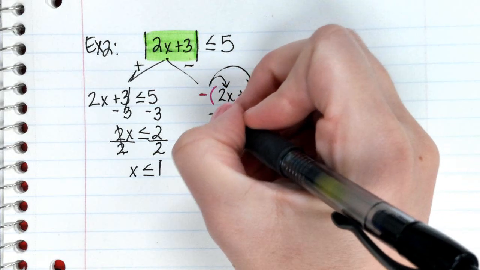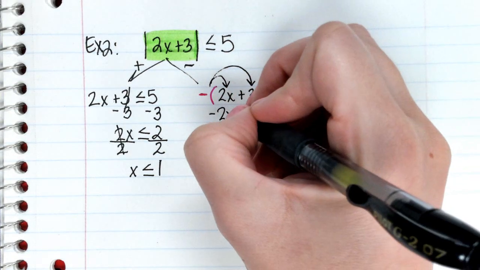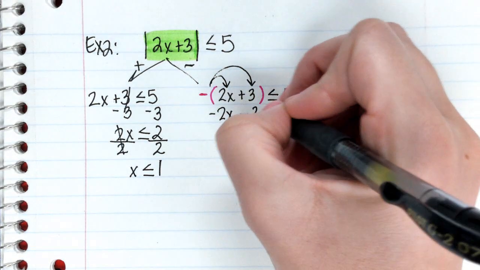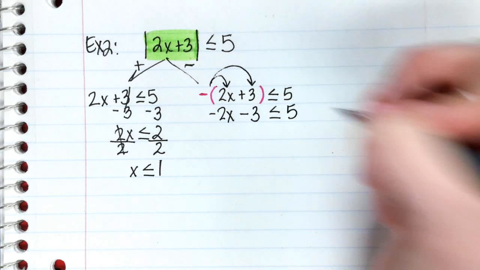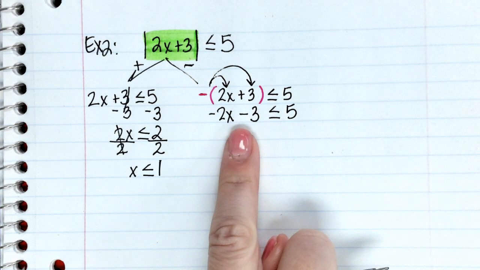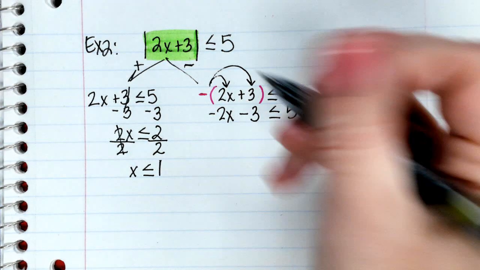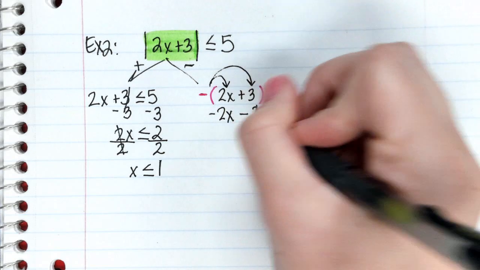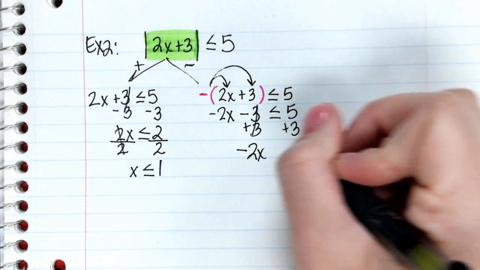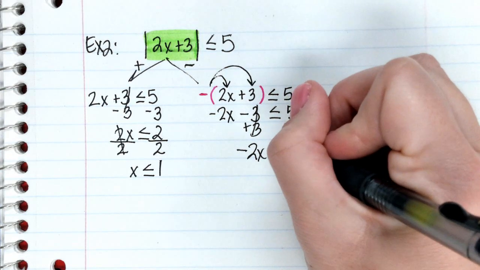So negative 2x, and then negative 1 times 3 is minus 3, is less than or equal to 5. Okay? So now we need to do what to both sides? Add 3, because there's a minus 3 there, and the opposite would be to add. So now we have negative 2x is less than or equal to 5 plus 3, which is 8.